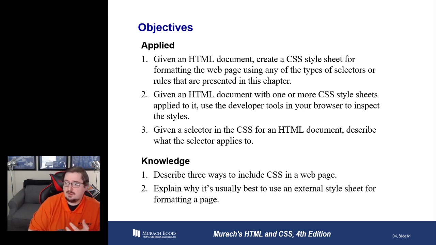Given an HTML document and some CSS, you should be able to use the developer tools, which we showed you how to do in Chrome. It's basically the same with most browsers, with some minor differences.